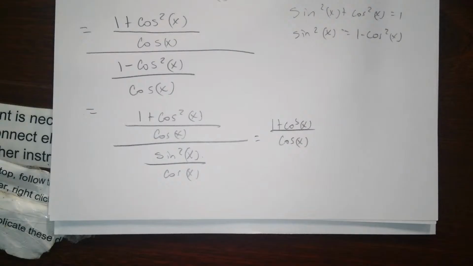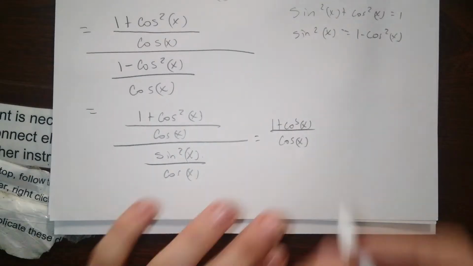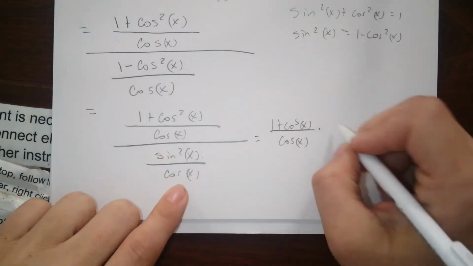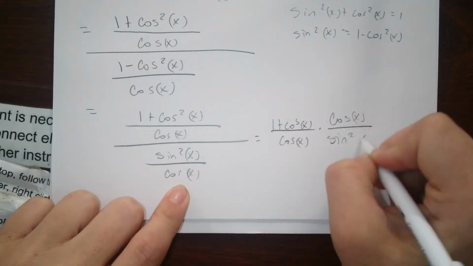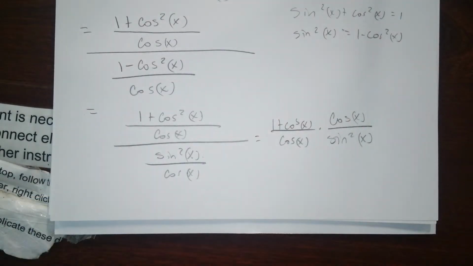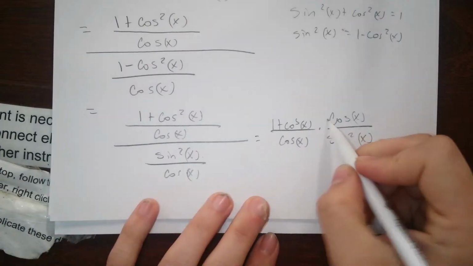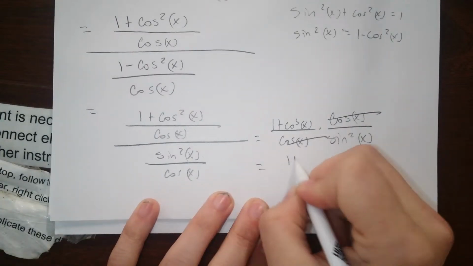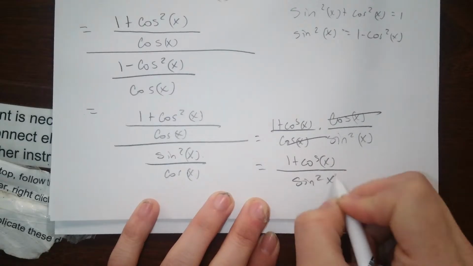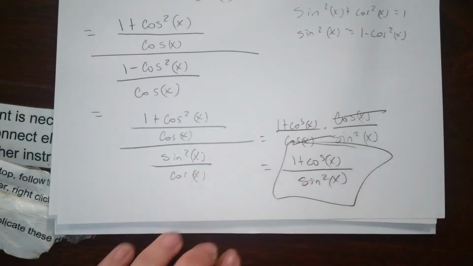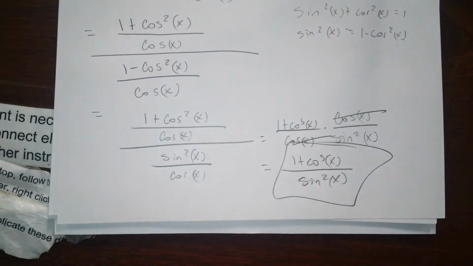How do I divide fractions? Multiply by the reciprocal of the bottom. So I'm going to multiply this times this flipped over, so times cosine of x over sine squared of x. Now what happens? Cosines cancel out. So I get 1 plus cosine squared of x over sine squared of x, which is exactly what I wanted. Is that good?